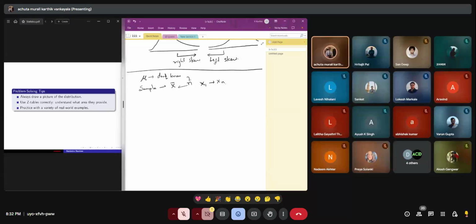Each one of them is a random variable. Since you are collecting all of this from the same distribution, all of them will have the same mean and the same variance. And we are again assuming that these are being collected from this distribution independently.